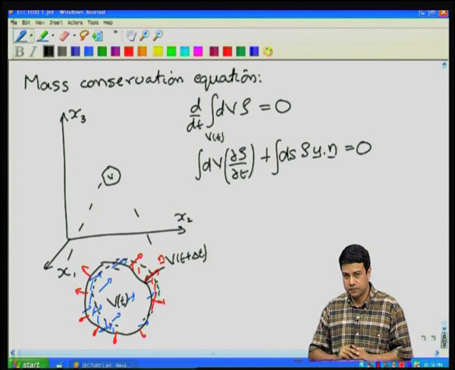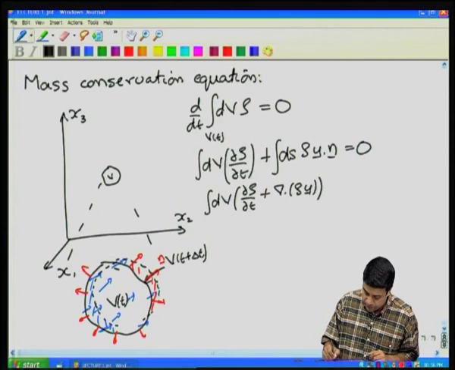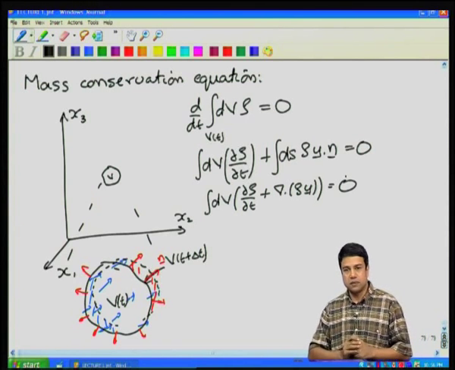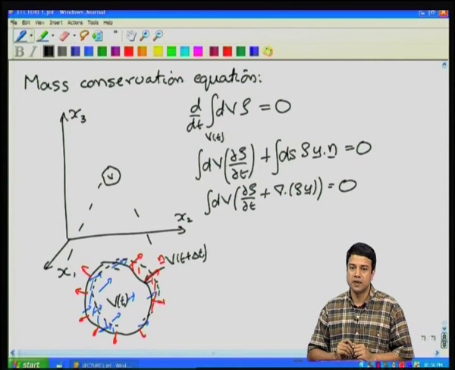Mass conservation equation: use the divergence theorem to write this as the integral dV of partial rho by partial t plus the divergence of rho u is equal to 0. Simple use of the divergence theorem. Once that is done, even though it is a volume integral over a small volume, this has to be satisfied for each and every volume.